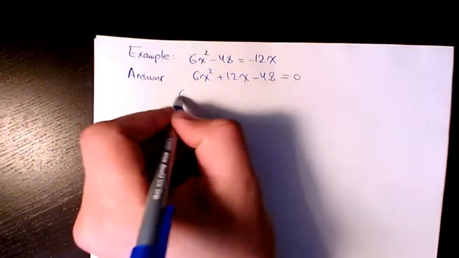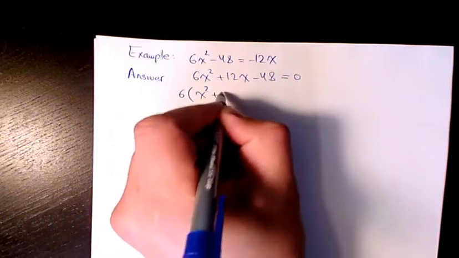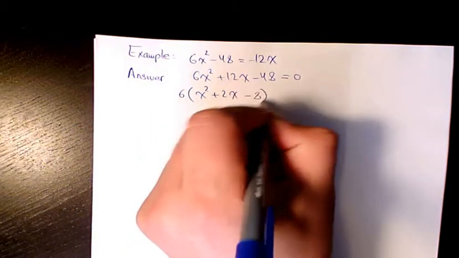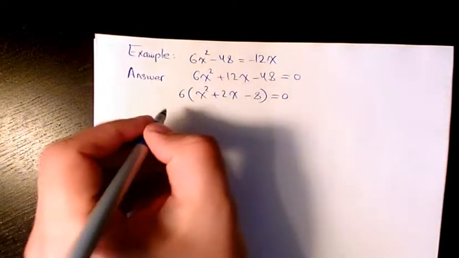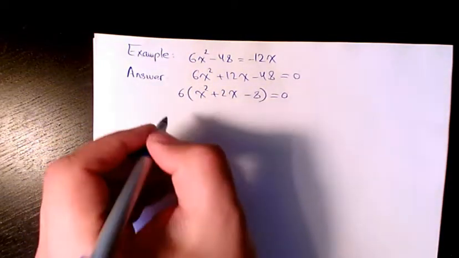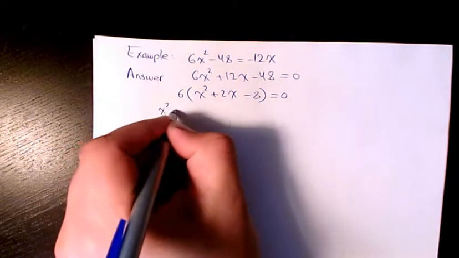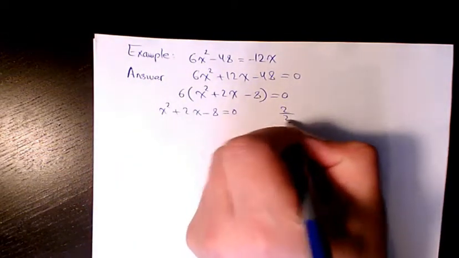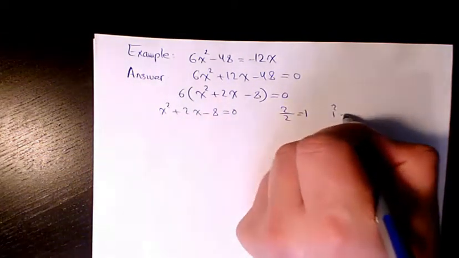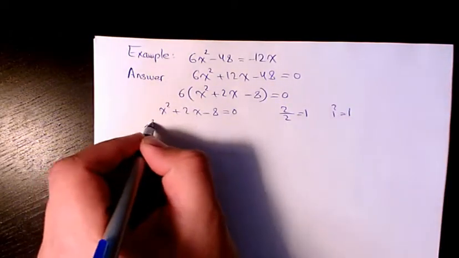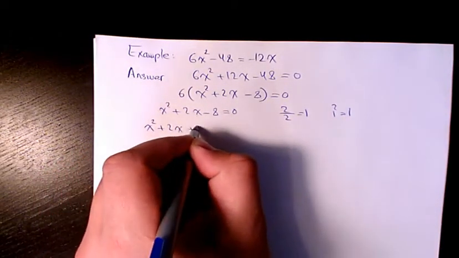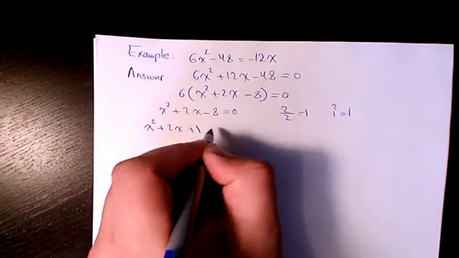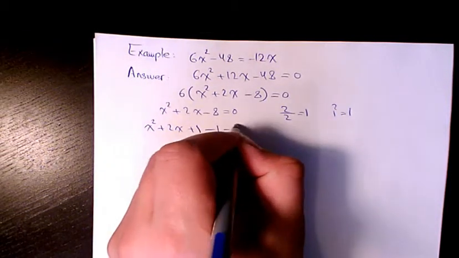So factor 6, it's going to be x squared plus 2x minus 8 equals 0. When we divide both sides by 6, it's x squared plus 2x minus 8 equals 0. So we have 2 divided by 2, which is 1. 1 squared is 1. So we have x squared plus 2x plus 1 minus 1 minus 8 equals 0.